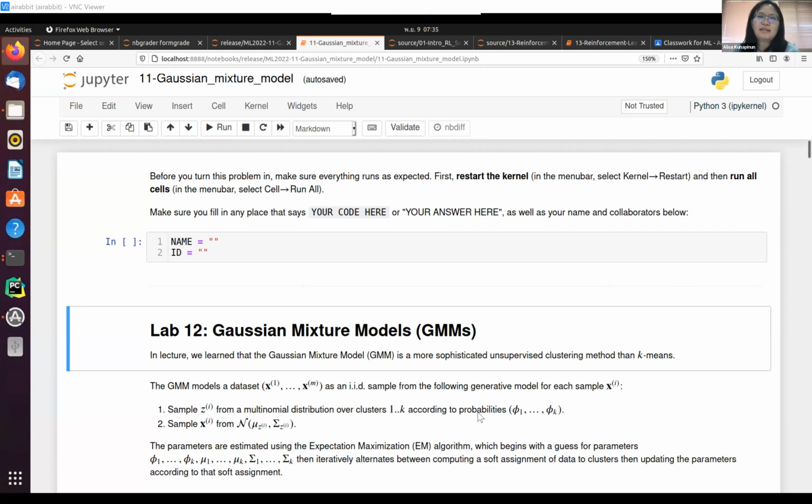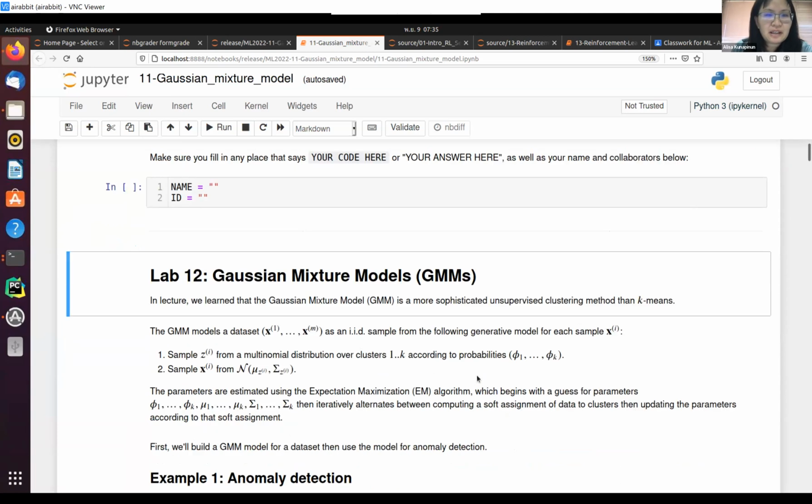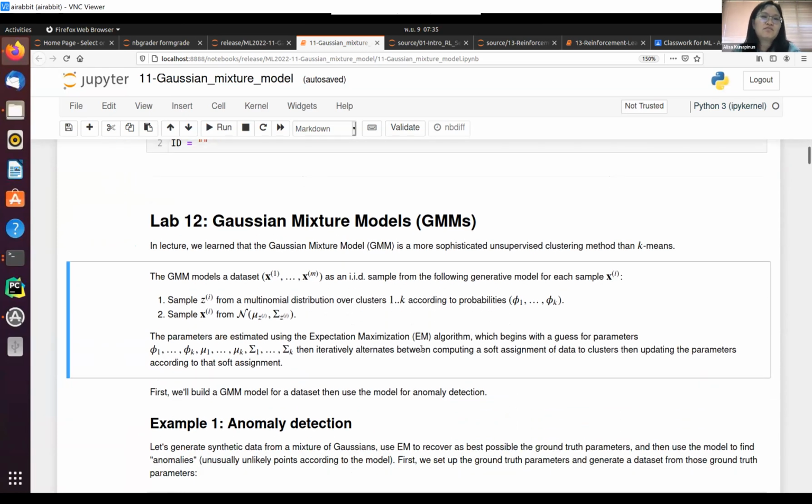Okay, for today is the Gaussian mixture model, GMM. That is one of the unsupervised learning methods. We will have the data set of X from X1 to Xn.